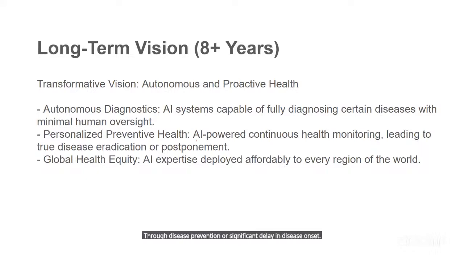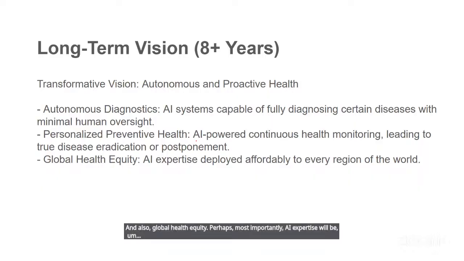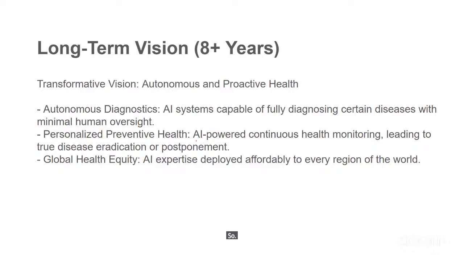And also global health equity. Perhaps most importantly, AI expertise will be deployed affordably across the world. So advanced diagnosis and decision support will no longer be limited to high-resource settings, helping reduce global healthcare inequality.